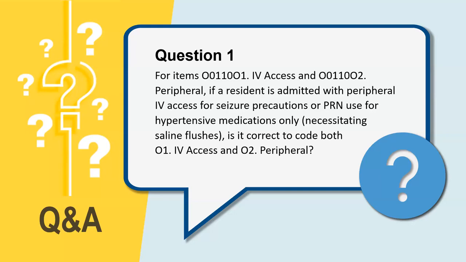When a resident has IV access and that access is peripheral, you would check both O0110I1 IV access and O0110I2 peripheral, even if only accessed as needed for medication or for flushes to maintain patency. When coding O0110 special treatments, procedures, and programs, the items are first listed as broad descriptions or categories for these procedures, considered parent items, and then they're followed by more specific types, which are referred to as the child items.